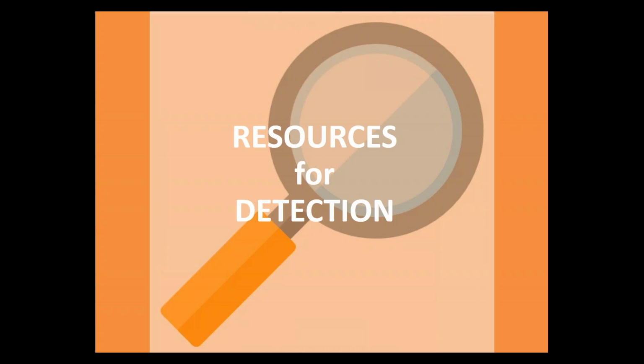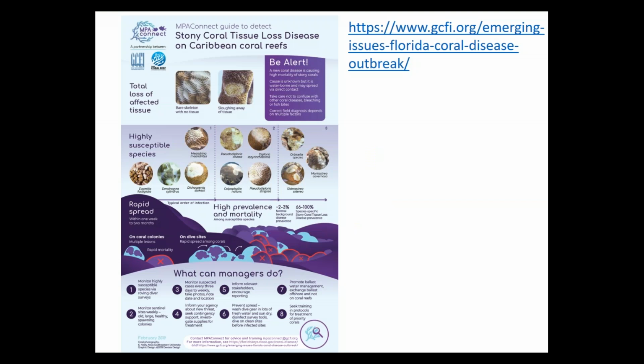We'd also like to share some resources that are being used and available to help with the detection of stony coral tissue loss disease. As Andy highlighted earlier, of the susceptible species, there are some that demonstrate signs of disease earliest.